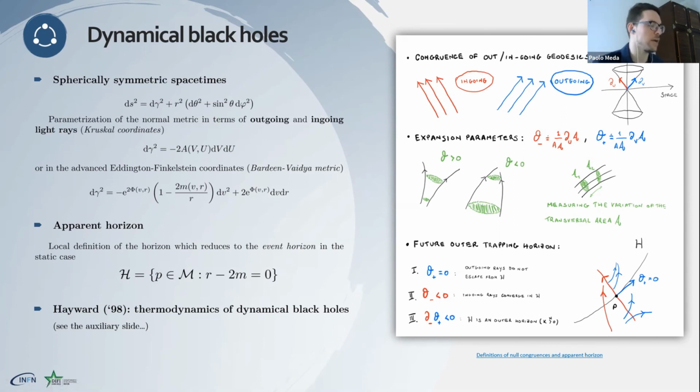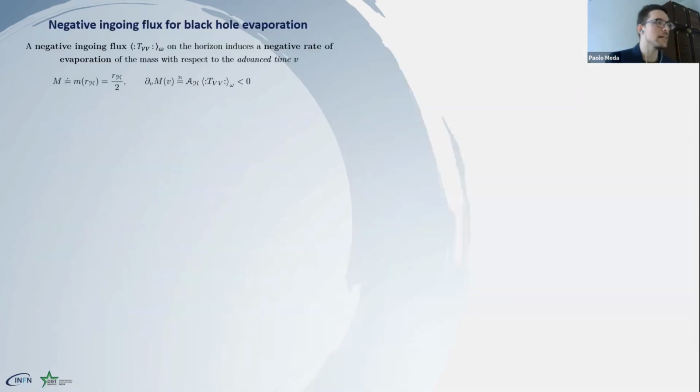So we are interested in describing the evaporation of a black hole, and the main feature of the evaporation of a black hole is the negative ingoing flux you can find on your horizon. We can say that you always have a negative ingoing flux on your horizon. Then, from the semi-classical Einstein equation, you can show that the mass of your black hole has a negative rate of evaporation.